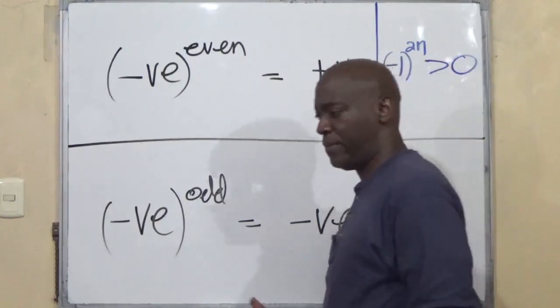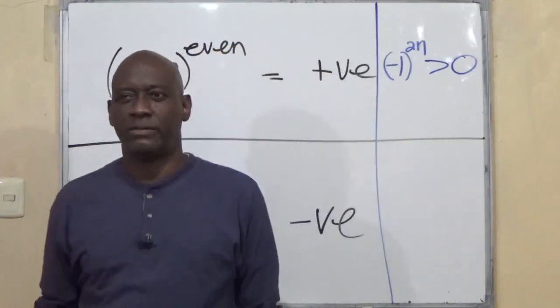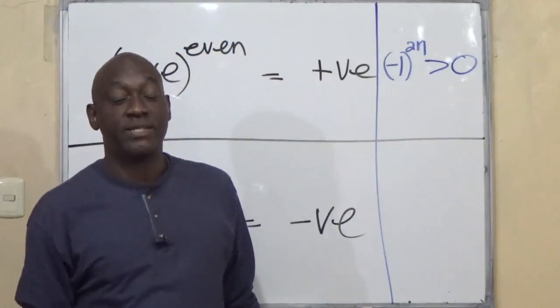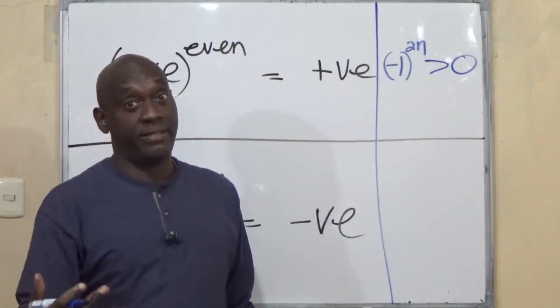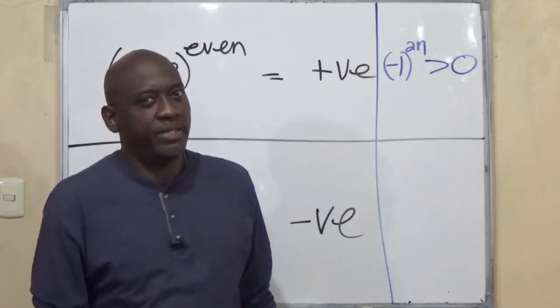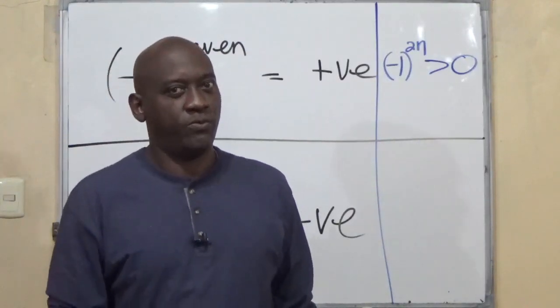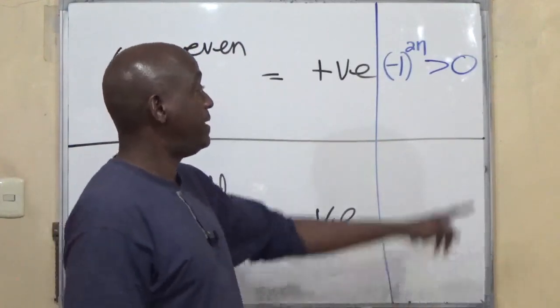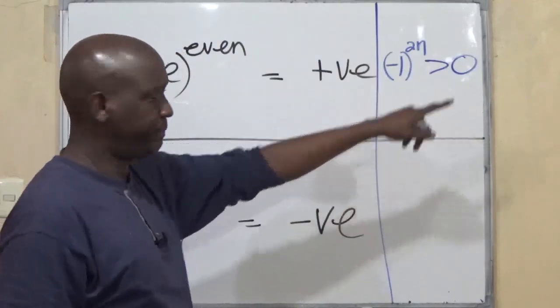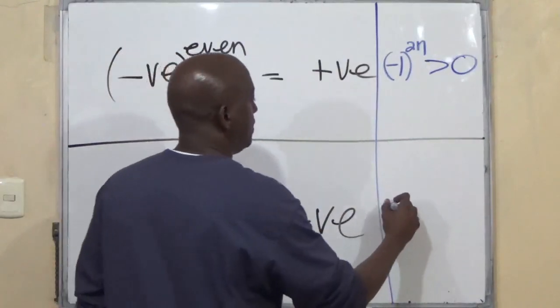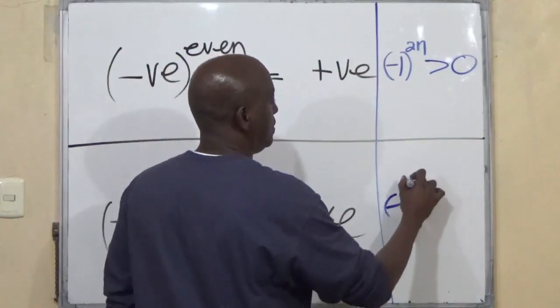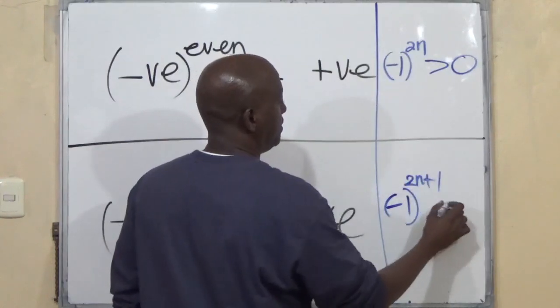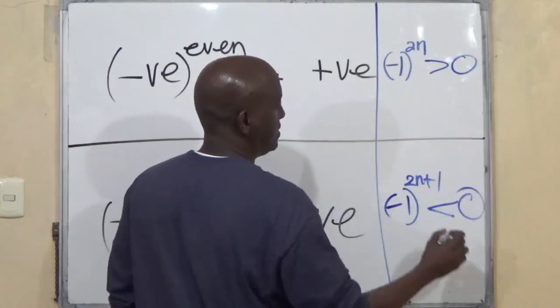Positive, right? You can check it out. You can use minus 1 as a base and you raise it to an even power, even being 2n. 2, 4, 6, 8 going down the road. That is positive. And in like manner, minus 1 to the power of 2n plus 1 is less than 0.